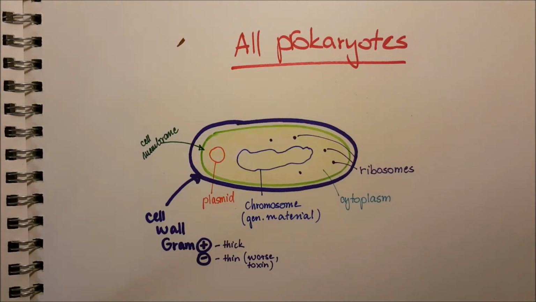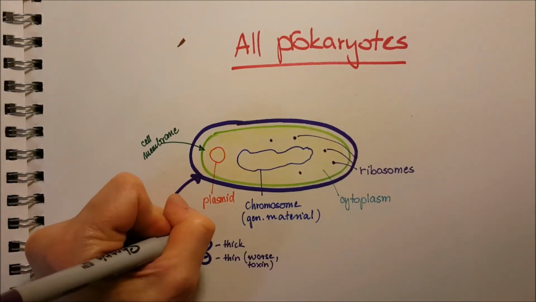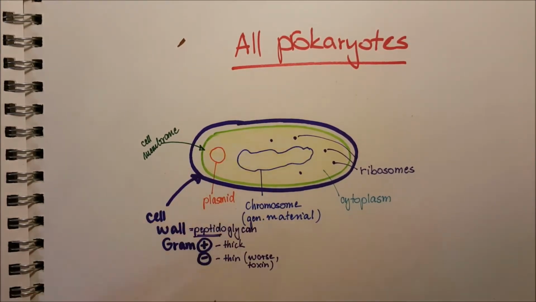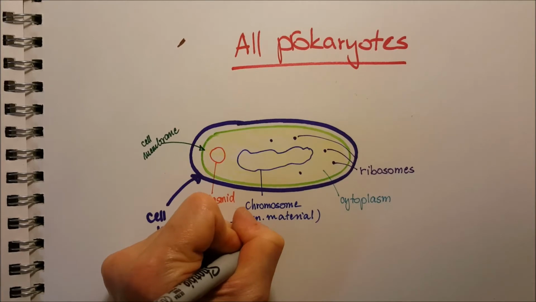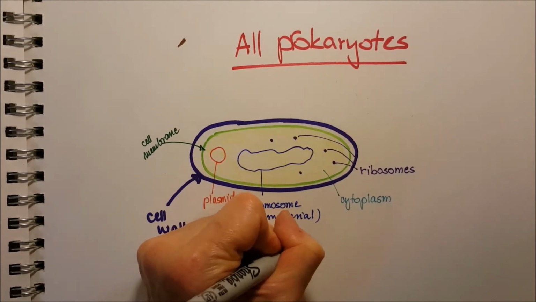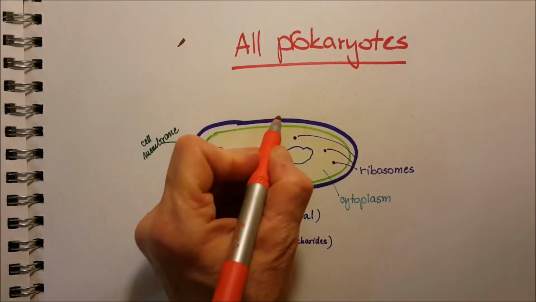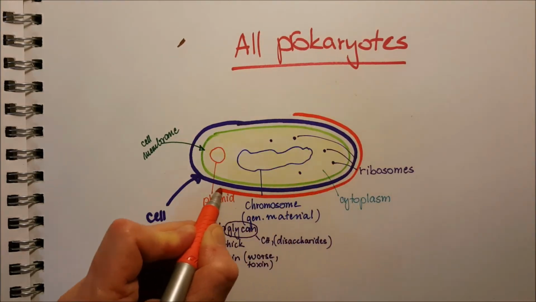The negative has a thin cell wall, and it's worse in pathology, and it's more toxic than the positive bacteria. Now, the cell wall is made up of peptidoglycan. Peptido is made out of peptide, and glycan refers to the disaccharide part. So it's a complex macromolecule.